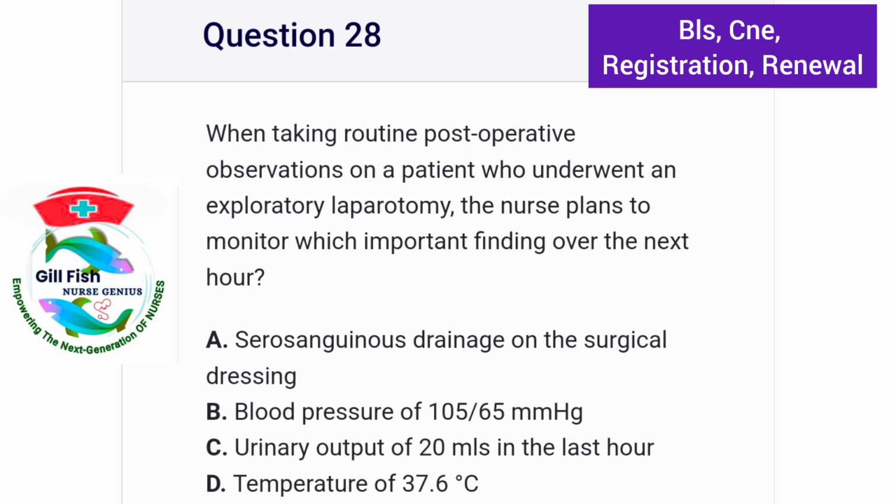Every 1 hour urine output should be 50 to 60 ml. If the person is having less than 30 ml, that is called decreased urine output. That means you have to monitor the patient, increase the IV fluids, or check for any damage to the bladder. So the correct answer is option C, urine output 20 ml.